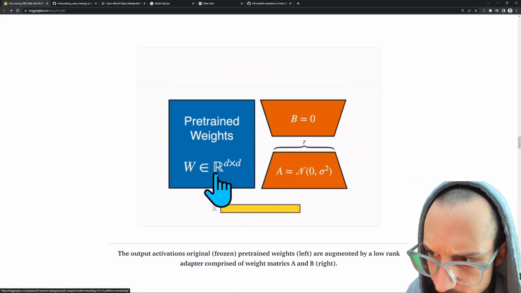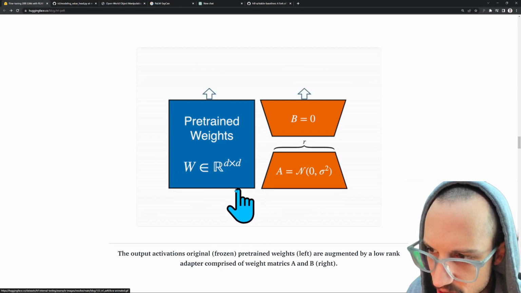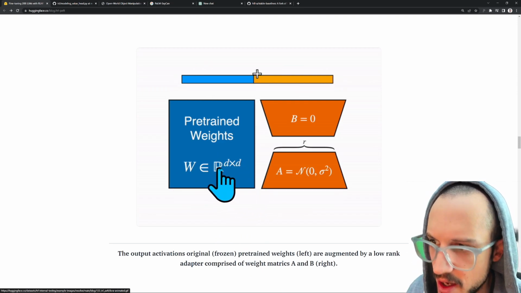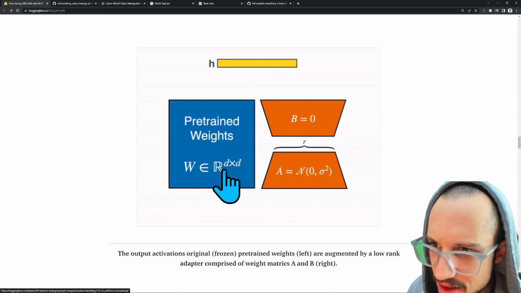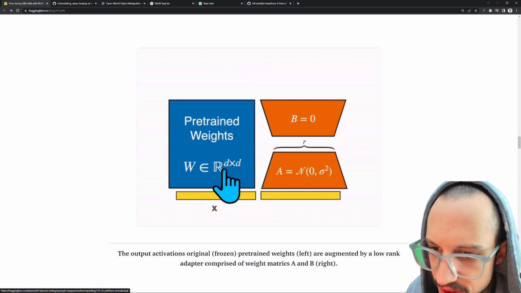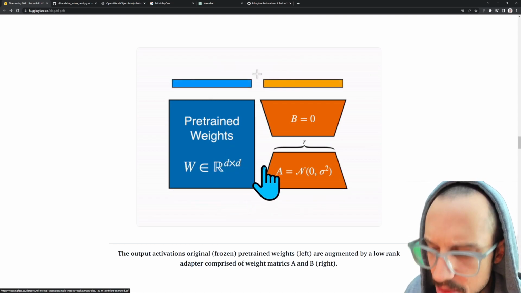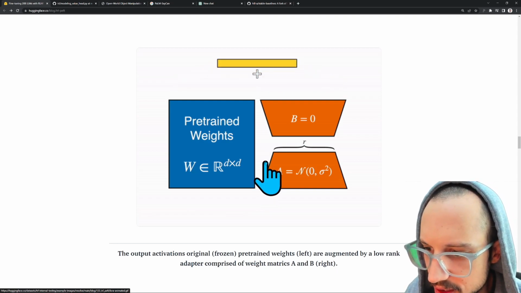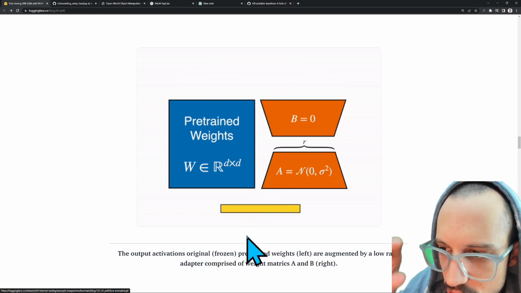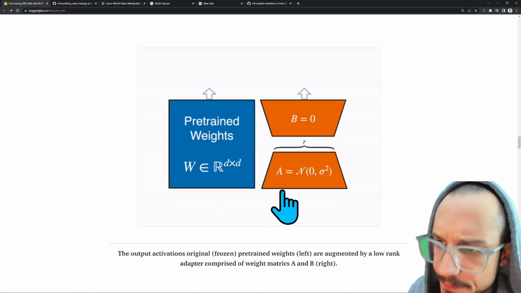Two-dimensional weight matrix. And this fancy R just means all the real numbers in D by D. So the value of any one of those weights can be basically negative infinity to infinity, even though it's not the case. Usually it's some number between -1 and 1 that's floating around 0.